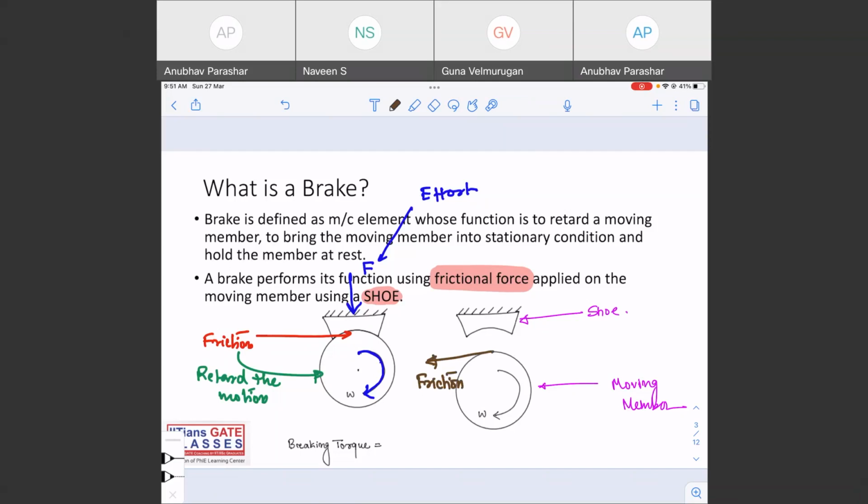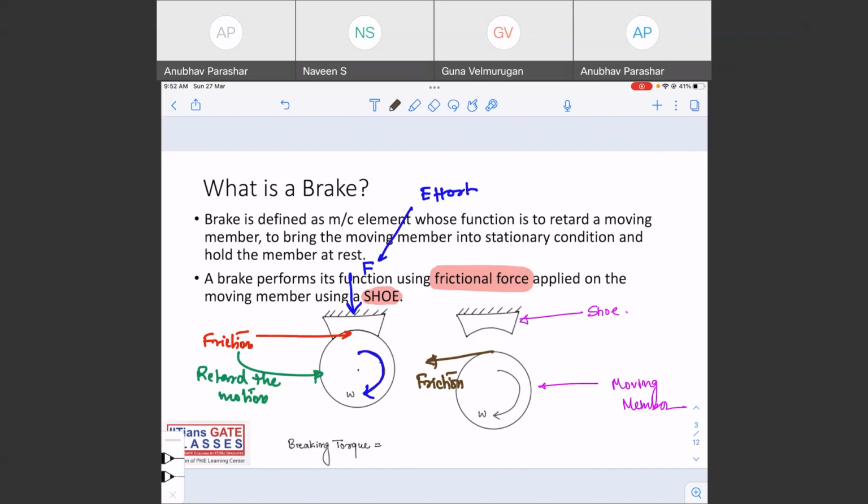And by Newton's third law of motion, who is applying this friction force on the moving member? The shoe is applying the friction force on this moving member. So what will happen by Newton's third law of motion? Every action has equal and opposite reaction.